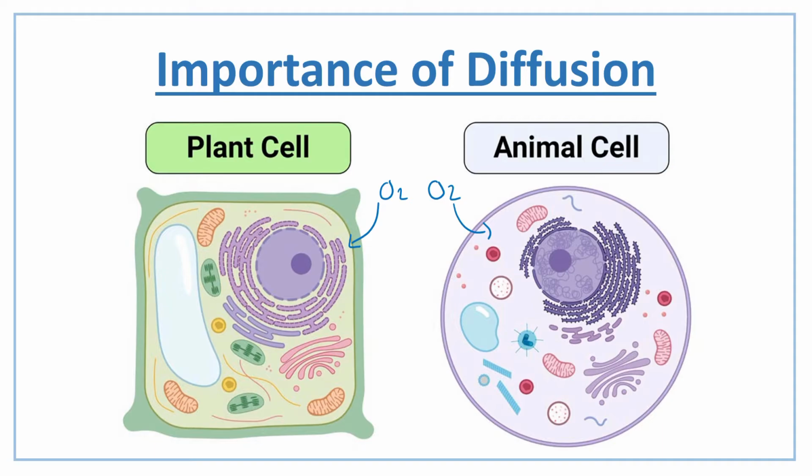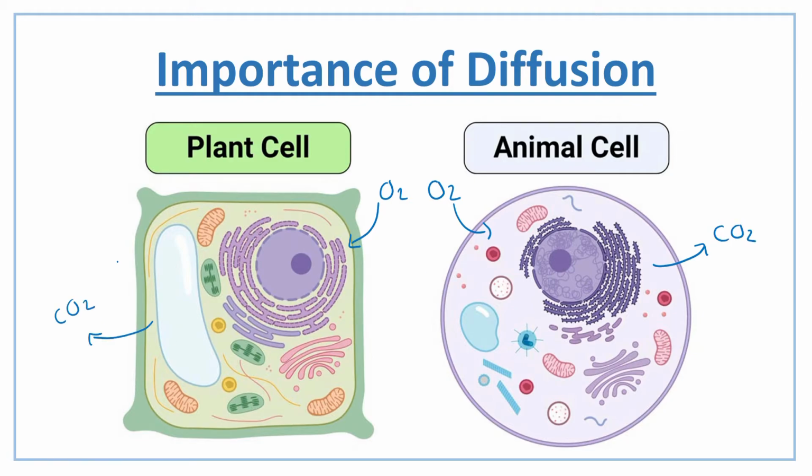After this cellular process happens, carbon dioxide is produced. Now, the cells do not need carbon dioxide at this point. Especially an animal cell, it is not useful for the animal cell. So the carbon dioxide is a waste product and it will be released out of the cell, again by diffusion.